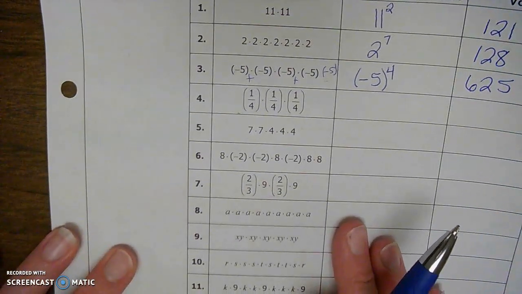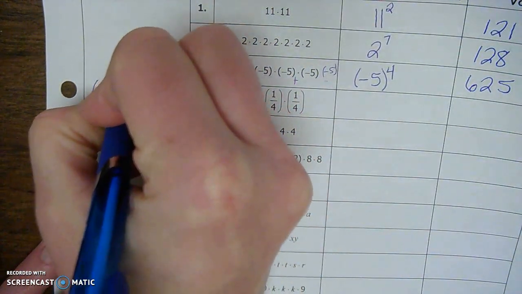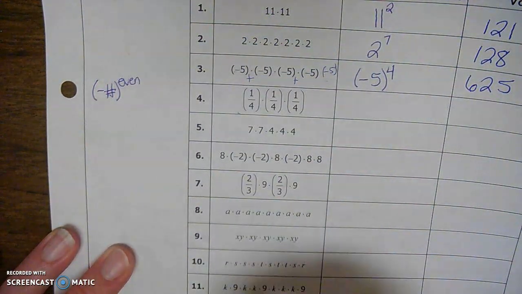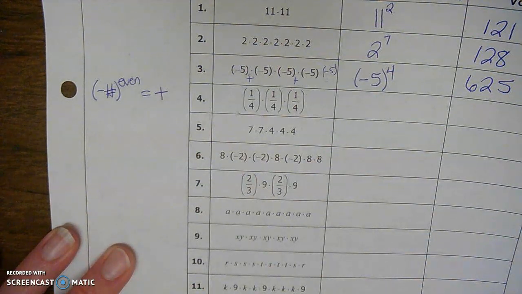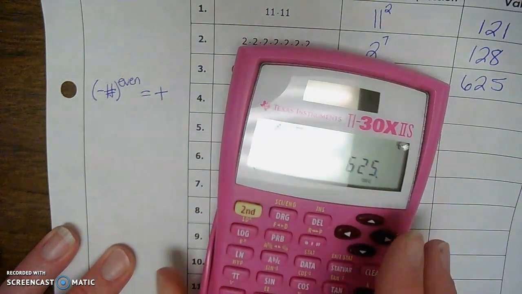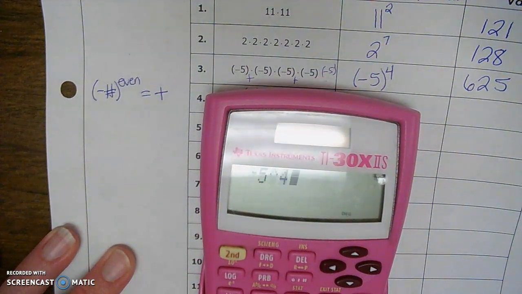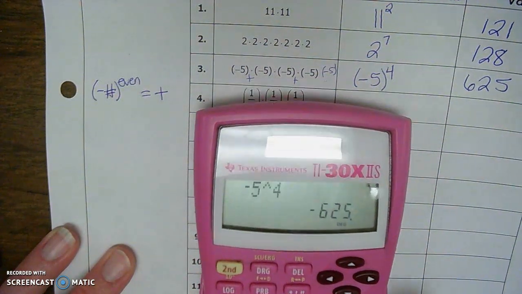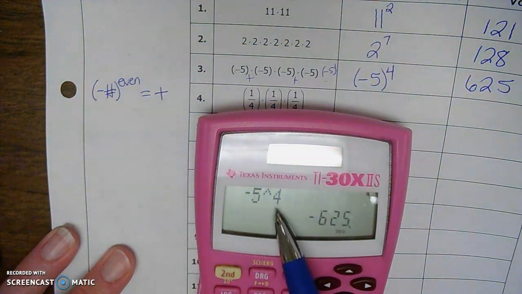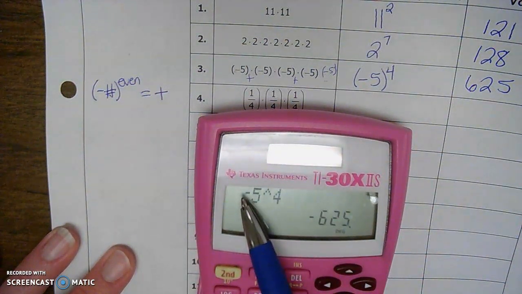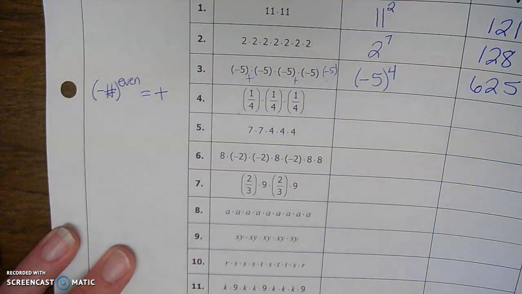So something to keep in mind, if you have a negative number to an even exponent, then your final answer should be positive as long as you do it correctly. What I want you to see is your calculator, if you don't put the parentheses in there, it gives you -625. Your calculator's not dumb. Your calculator is doing 5 to the 4th power and then making it negative. That's why it's so important that you put those in parentheses.